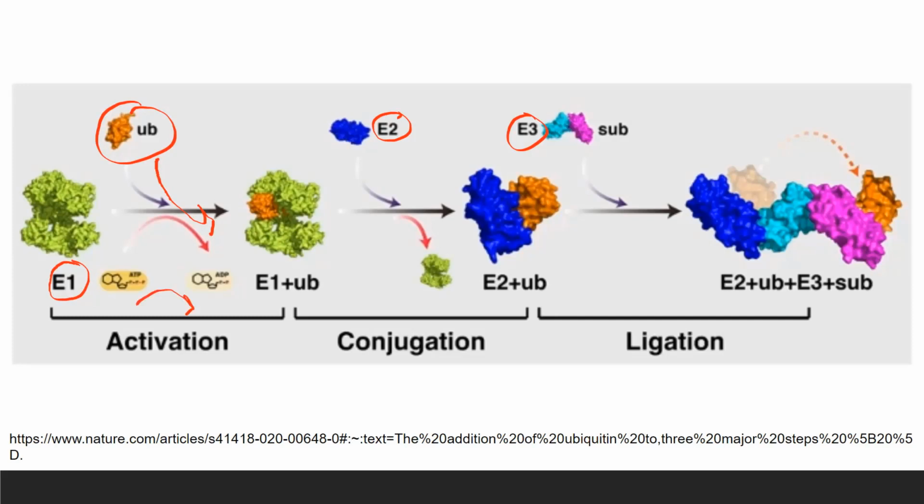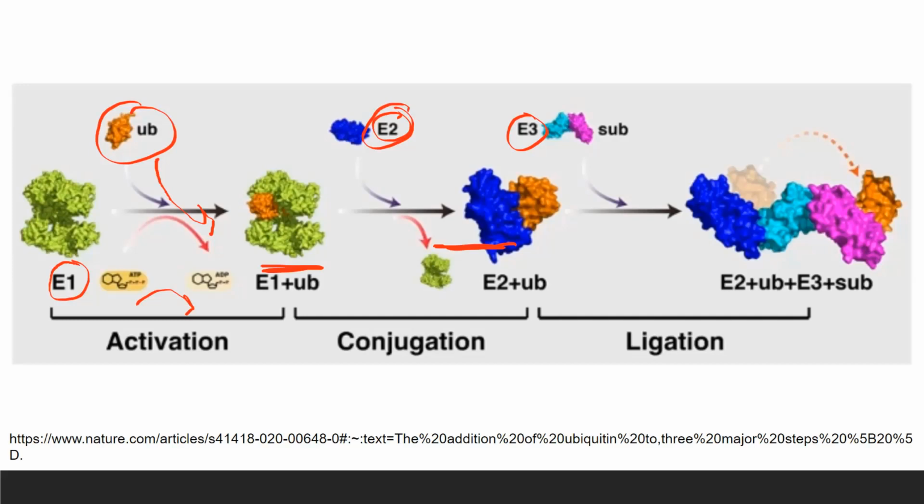The second step is that E2, the ubiquitin conjugating enzyme, will catalyze the transfer of ubiquitin from E1 to the active site, that is again a cysteine of E2, to form an E2 ubiquitin complex.